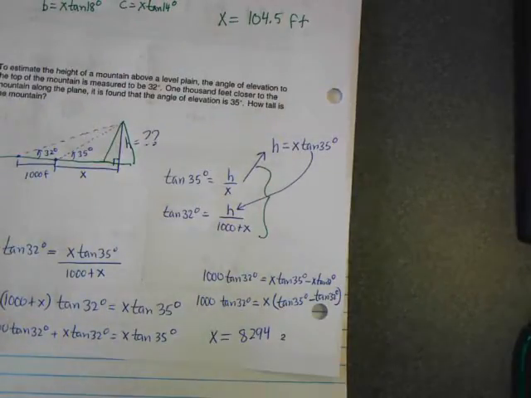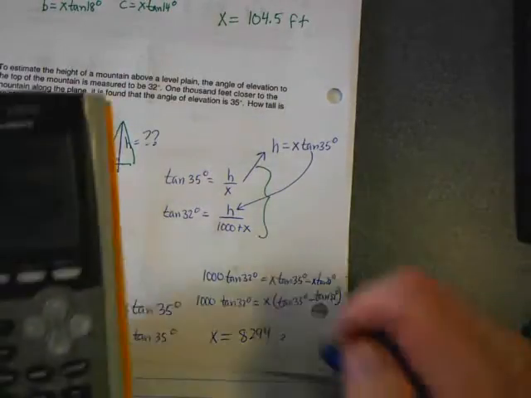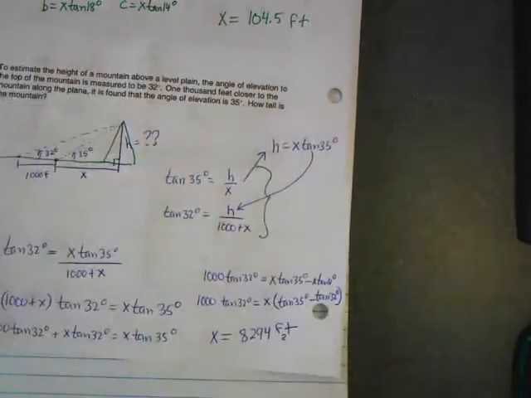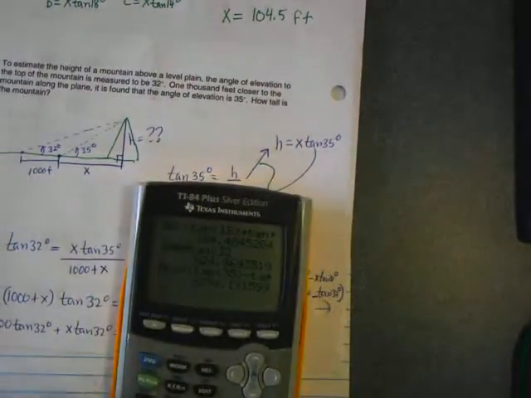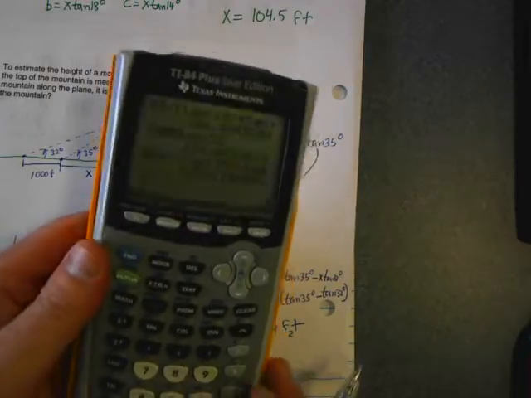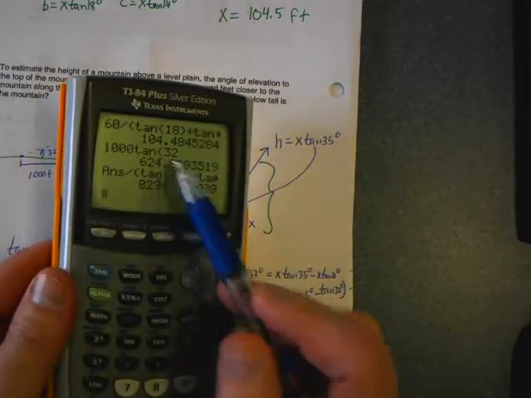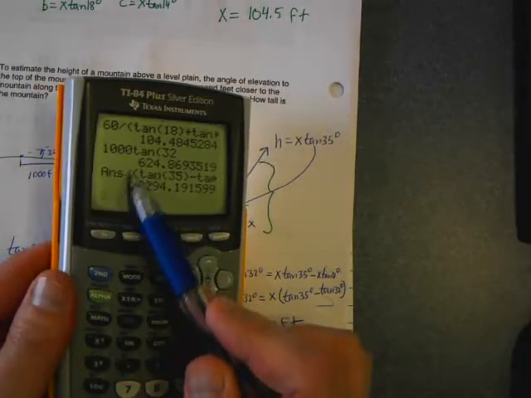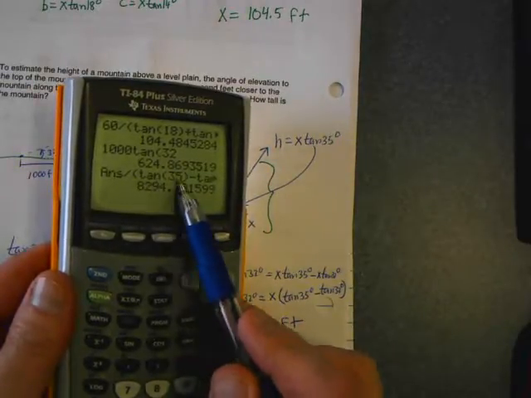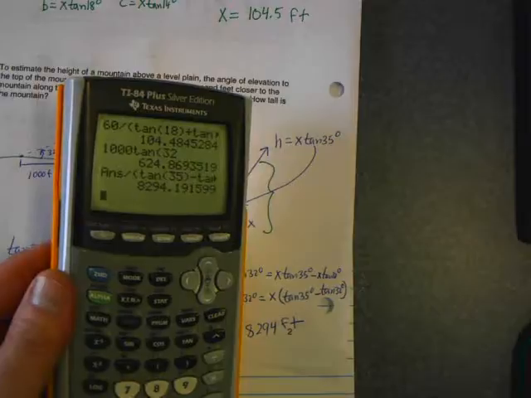And that would be in feet. So you took the tangent 35 minus tangent 32 and divided that by, or you divided by 1,000. Right, so what I did on my calculator is I did 1,000 tangent 32 first, so I did the numerator, and then I said divided by, and I put it in parentheses, tangent 35 minus tangent 32.